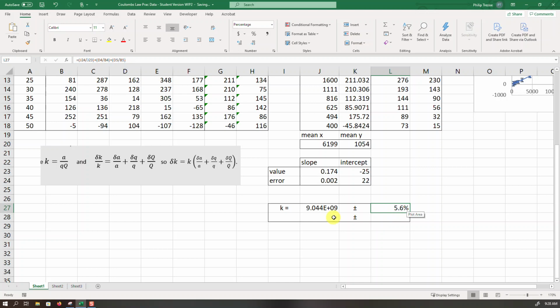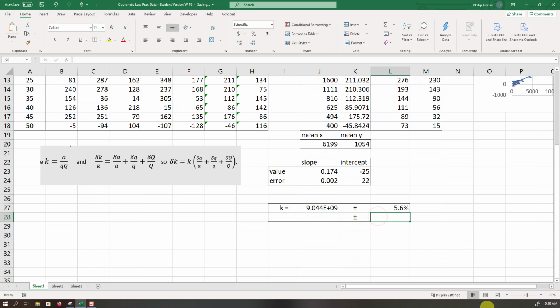Now, what I'd also like to know is the absolute uncertainty in my answer for K. So basically I just multiply through by the value of K into all of this. There it is there. Everything in brackets is already calculated. The value of K is here.